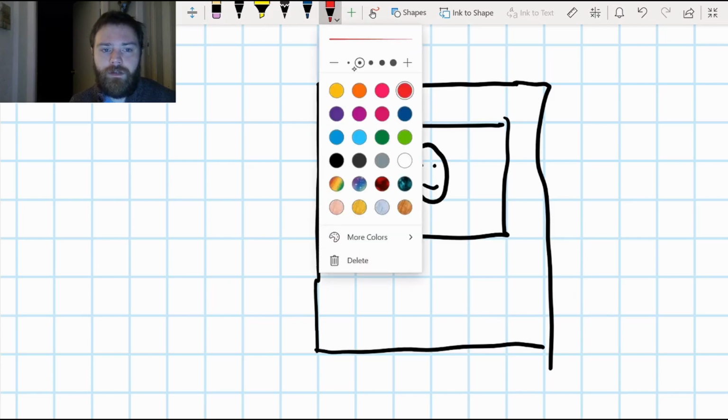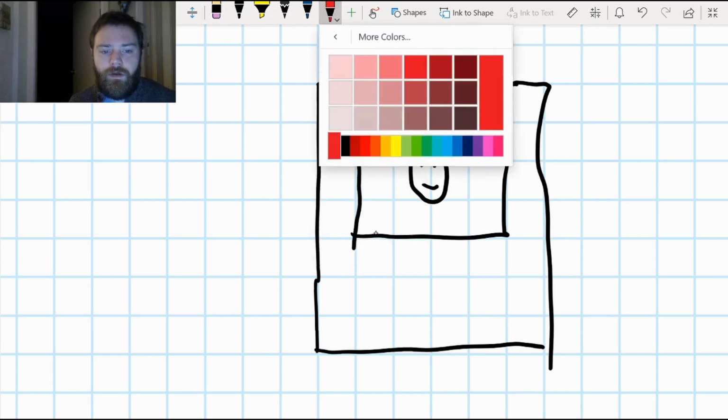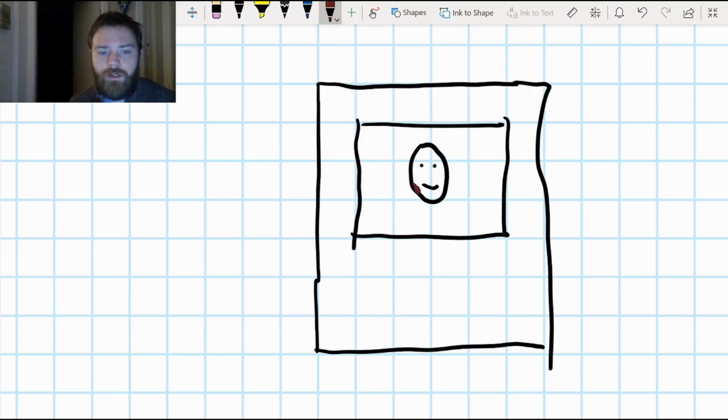Let's see if I can do this. Yeah, that looks right. Some strange bearded man that may or may not be teaching you math right now.